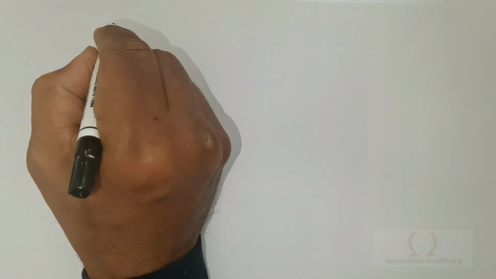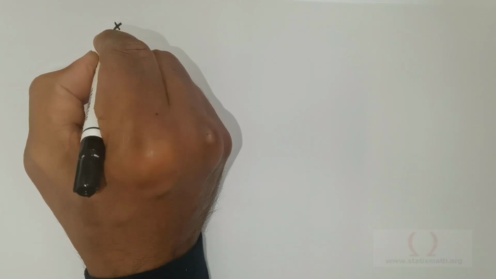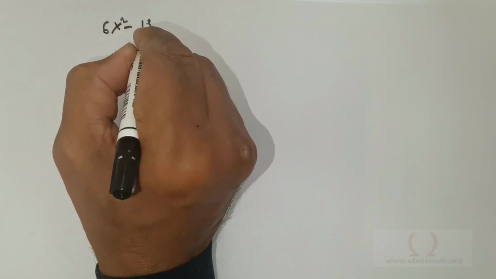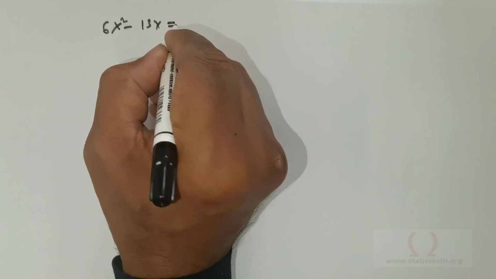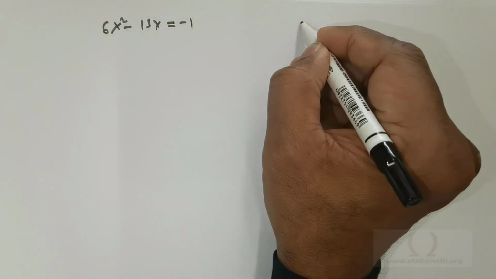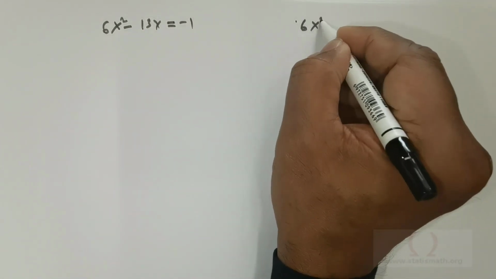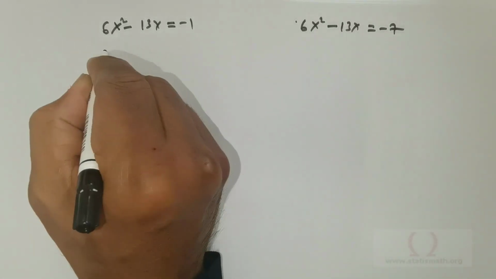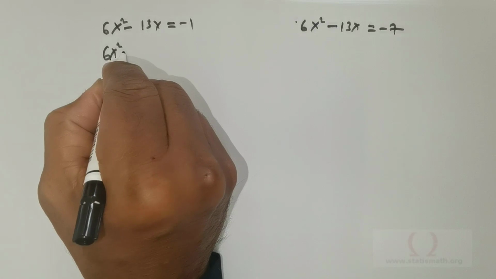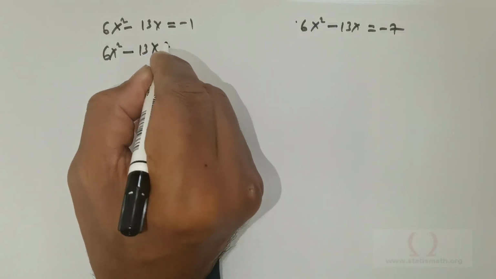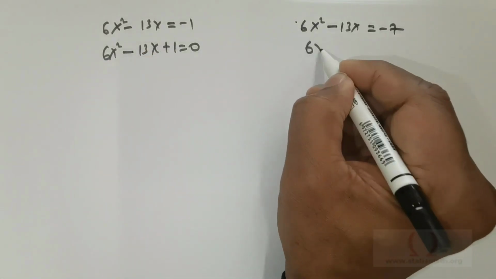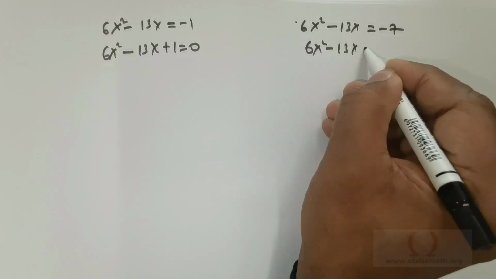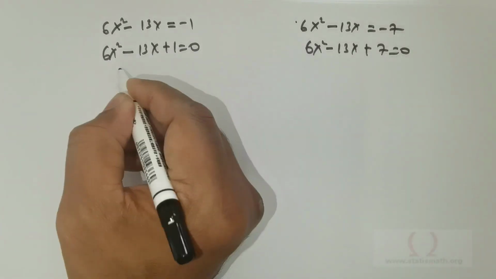So let us work that out. We got 6x² − 13x is equal to −1 at one place, and 6x² − 13x is equal to −7. Rewriting this would give us 6x² − 13x + 1 is equal to 0, and 6x² − 13x + 7 is equal to 0.